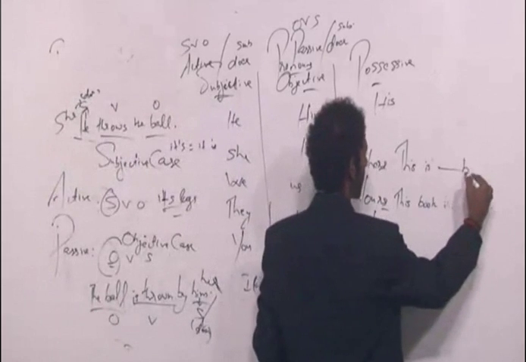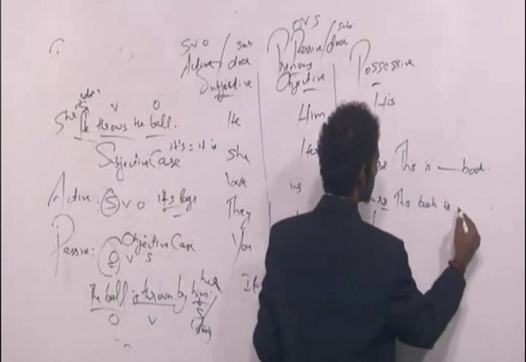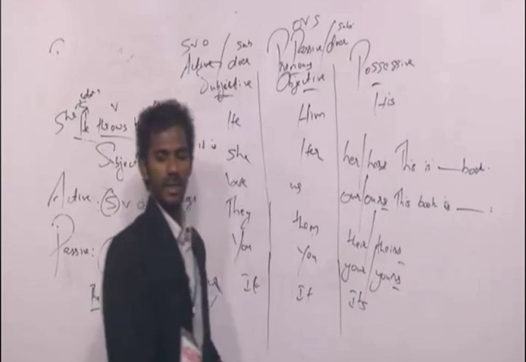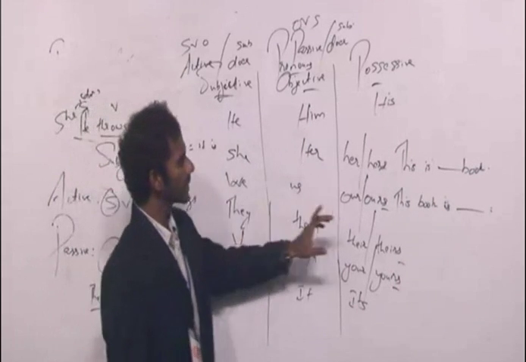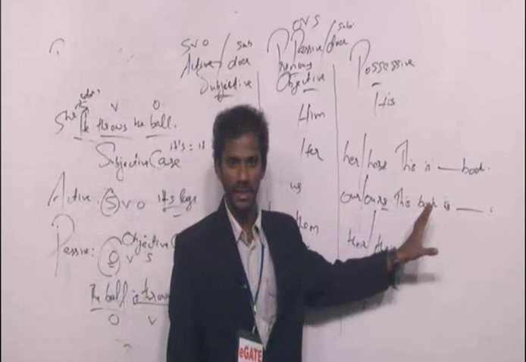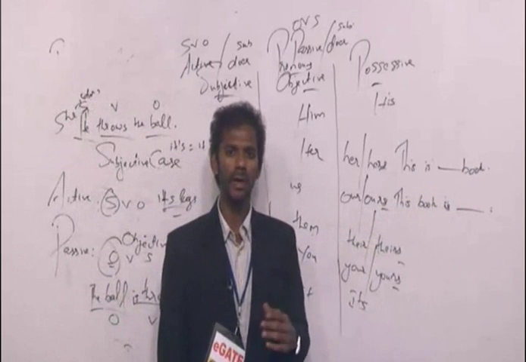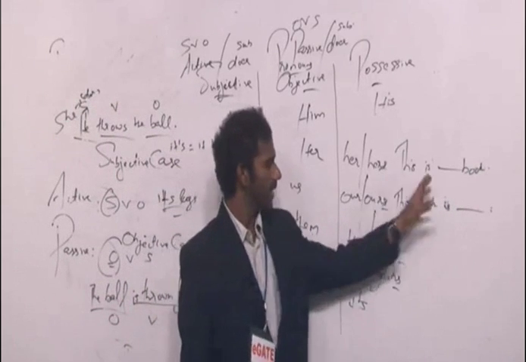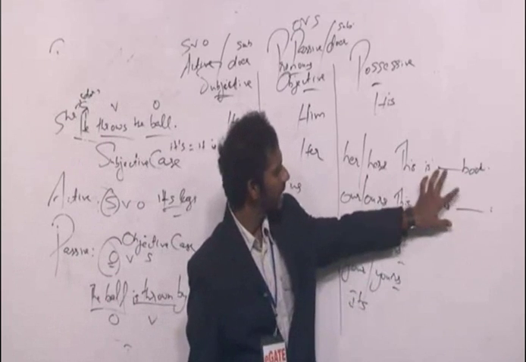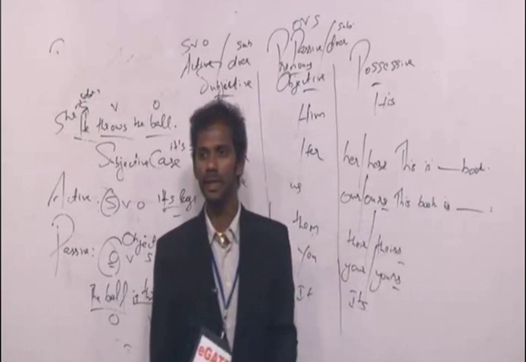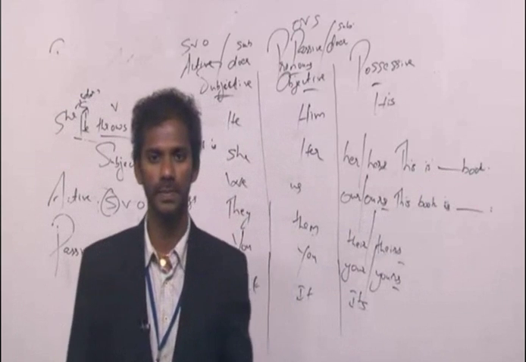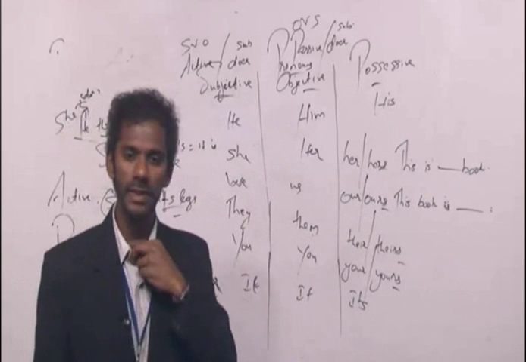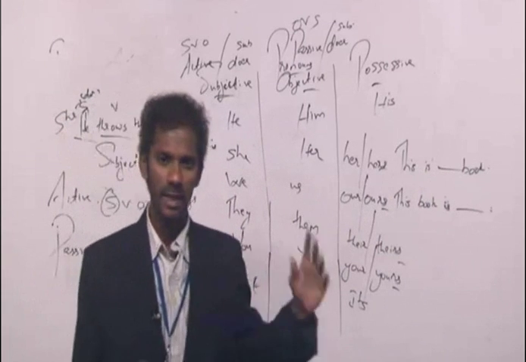This is dash book. This book is dash. As I said, both the sentences show possessive case. That means the book belongs to someone. That means these two blanks must be filled with a possessive pronoun. Clear? Come to the first one.